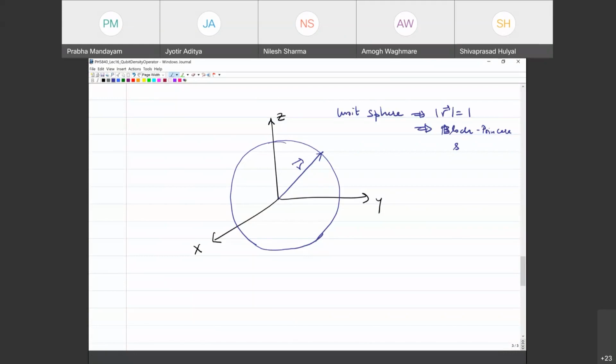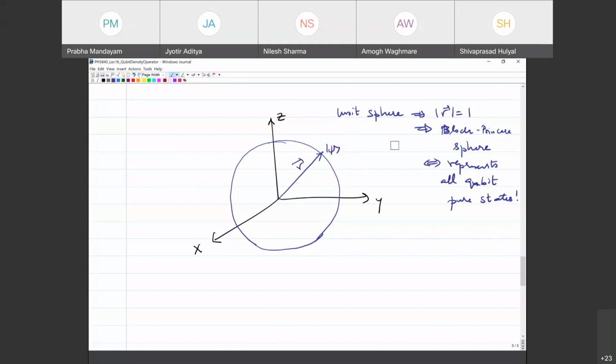And that represents all qubit pure states. So any point on the surface of the sphere marks out a pure state for me. I can write it in a density matrix form like this. Every point on the surface of the sphere marks out a density matrix for me.